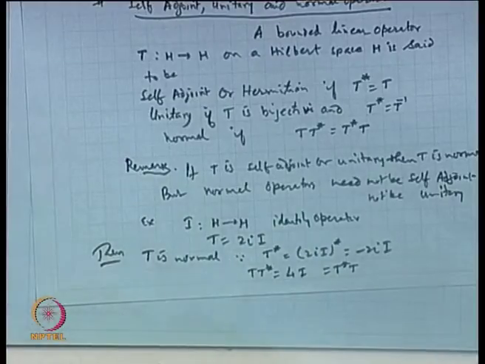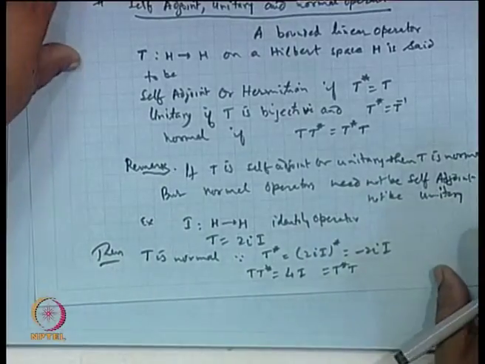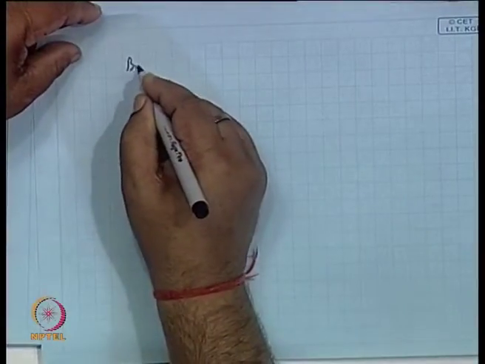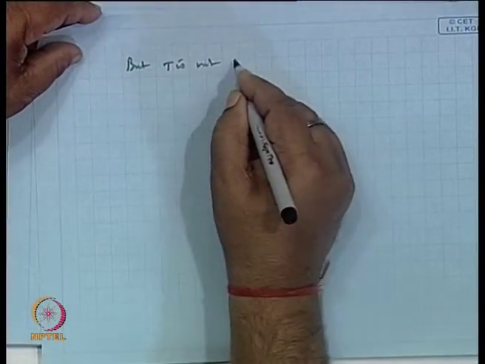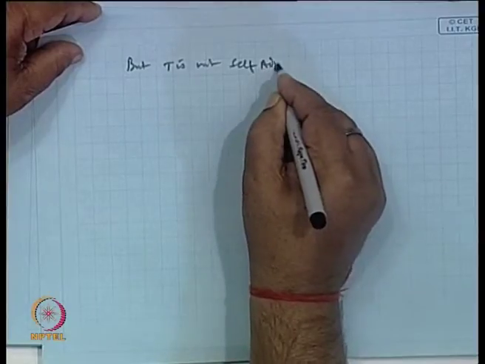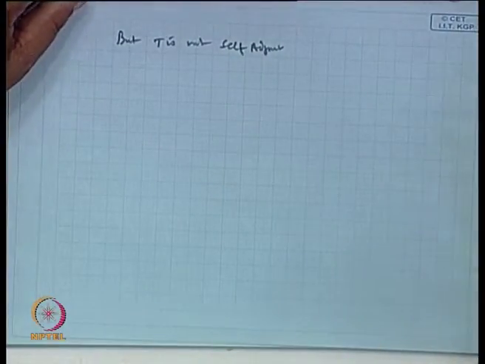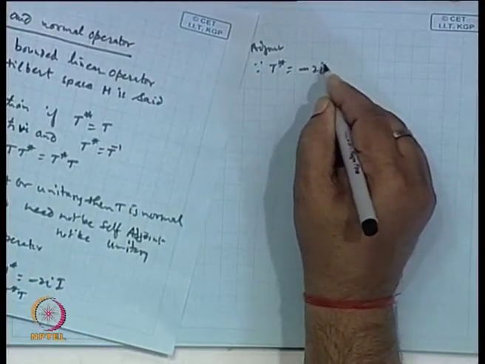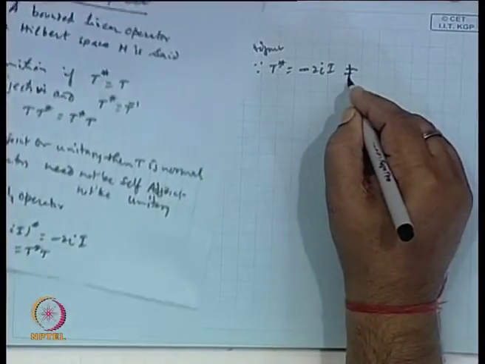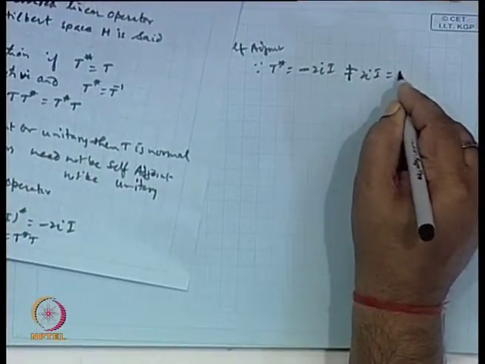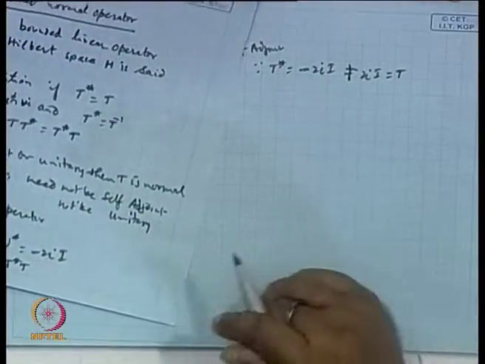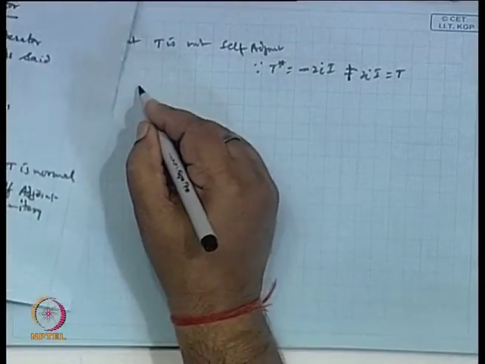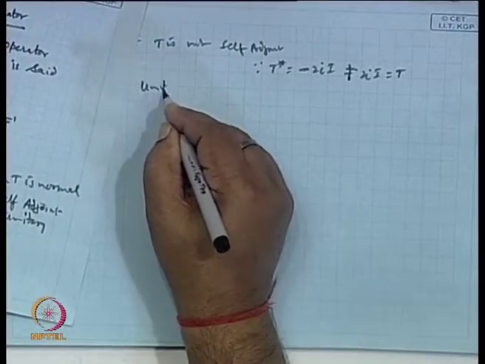So T is normal, but T is not self adjoint. Why? Because T star, which comes to be minus 2i I, is different from 2i I, that is T. So it is not self adjoint.